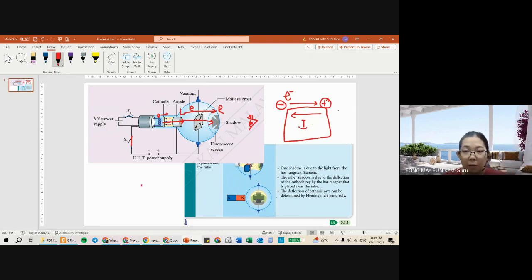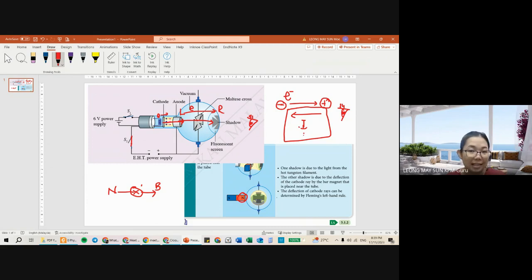From the front view, I will see the current entering, so I will see a cross for the current. Then they brought a magnet with the north towards the cathode ray. The magnetic field comes out from north going into south, so this is the direction of the magnetic field. Current is entering the page, and the magnetic field is pointing towards the right.